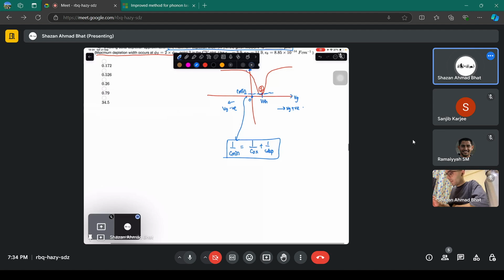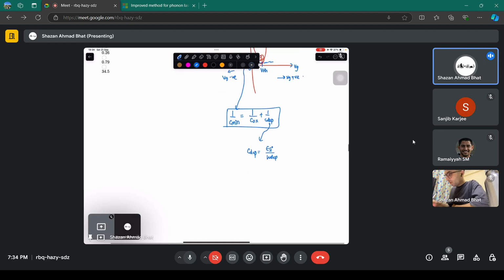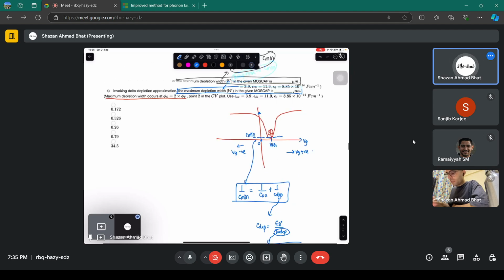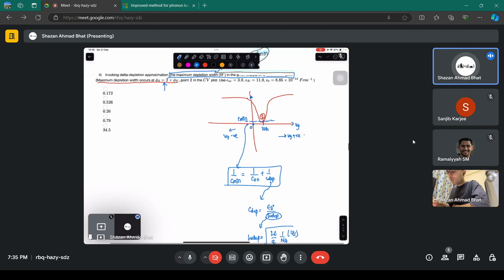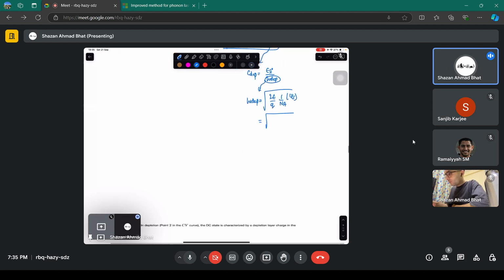C depletion is epsilon silicon over W depletion. W depletion is the square root of 2 epsilon by Q, 1 over Na, surface potential. They have said that maximum depletion width occurs at this surface potential, so you have to use this value, which is the square root of 2 epsilon by Q, 1 by Na, 2 times the Fermi potential.